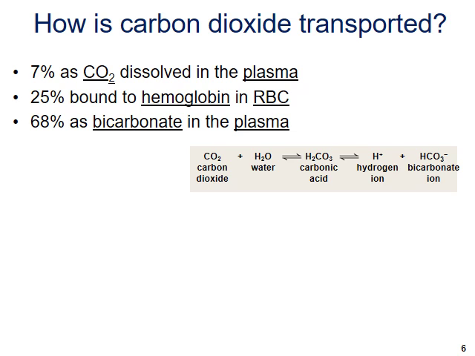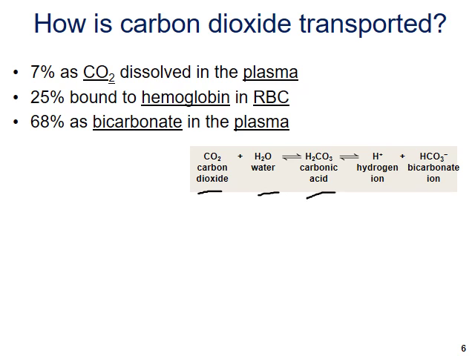The remainder, so most of the carbon dioxide, about 68%, will be transported through the body as a bicarbonate ion. That's due to the equation that you see here, which is not essential for you to memorize, but it is a very useful equation that you'll see repeatedly in the human body and in biology. When we add carbon dioxide and water together, they make a weak acid called carbonic acid.